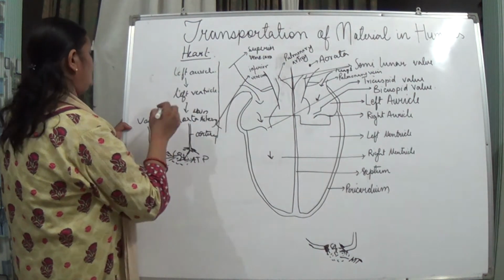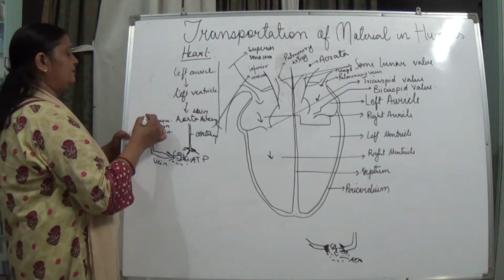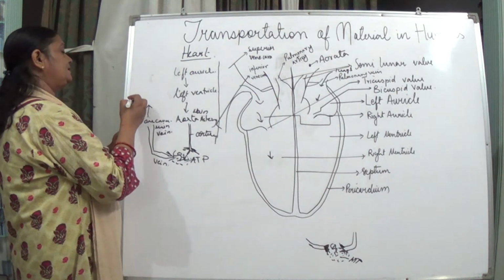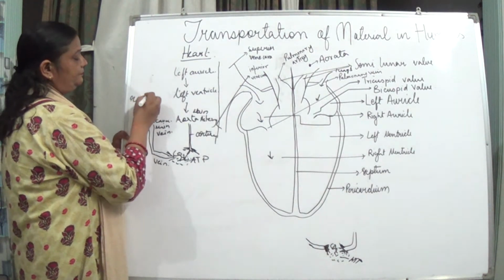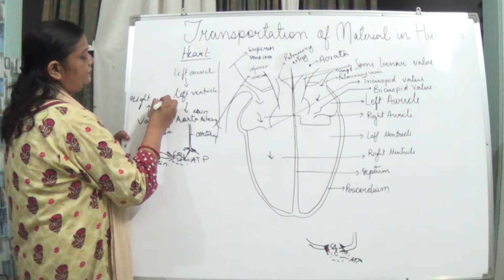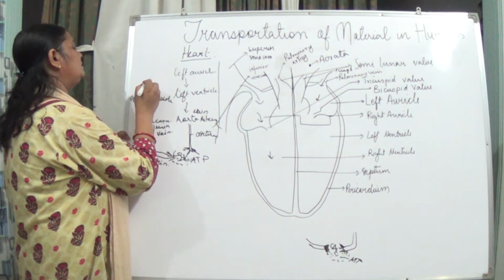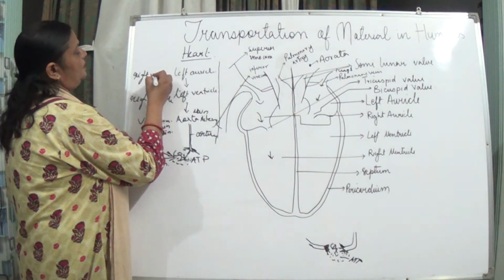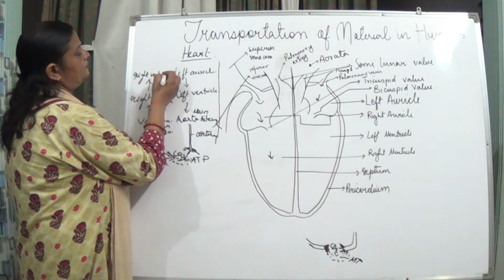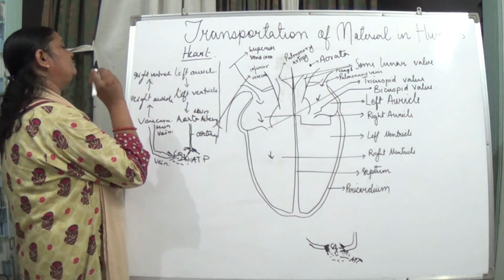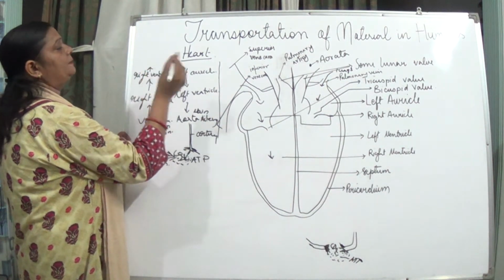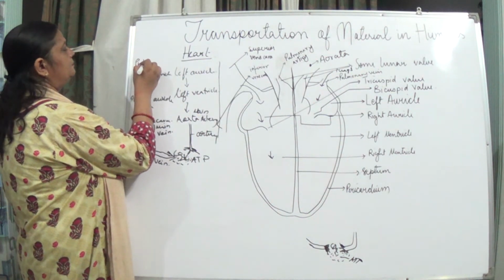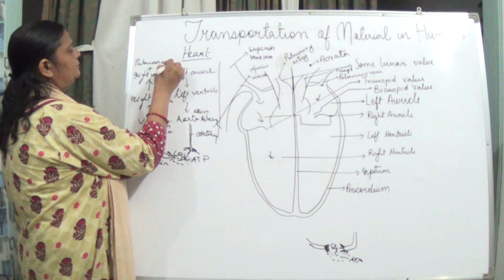Now from this vena cava it reaches where? The right auricle. From the right auricle to the right ventricle, and from the right ventricle to the pulmonary artery.